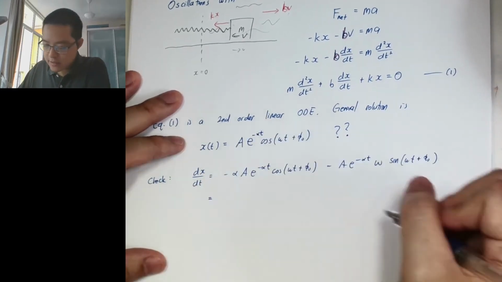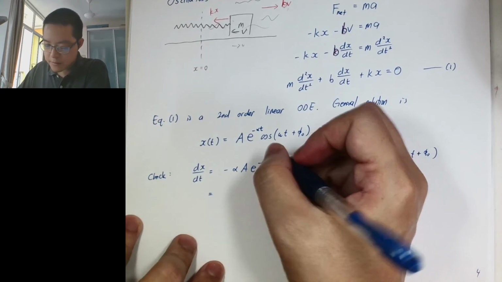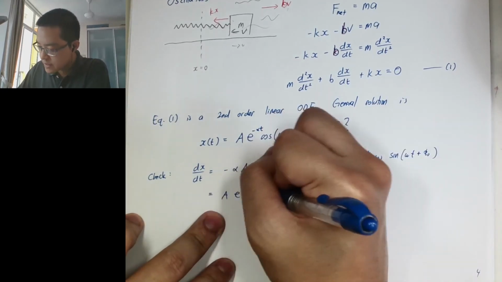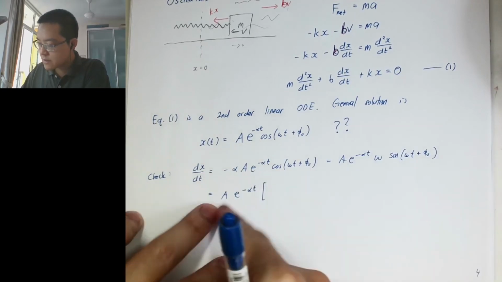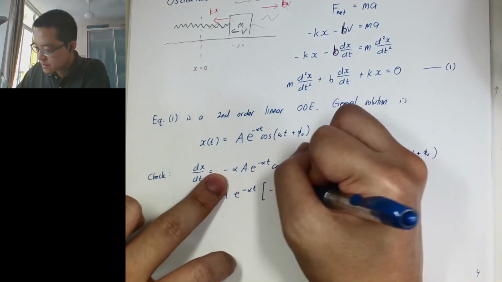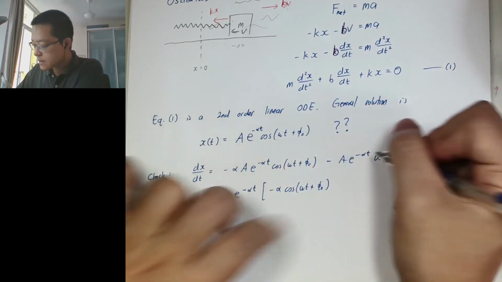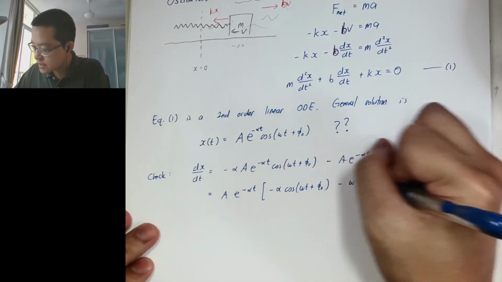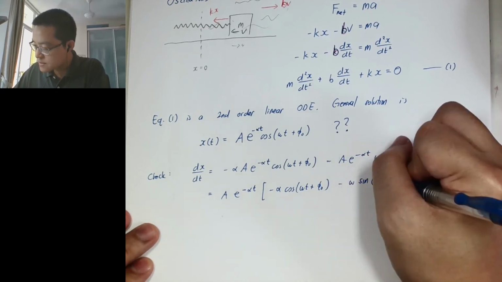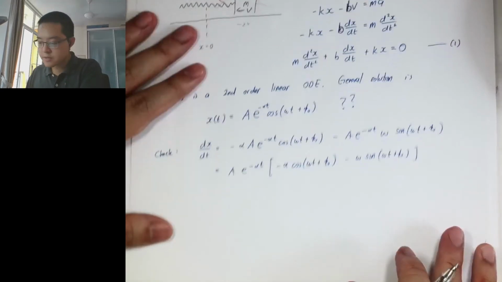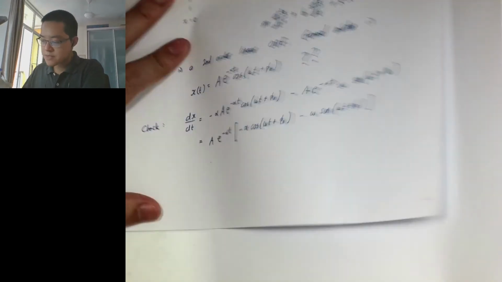I can simplify this a little bit. I am going to get A e to the negative alpha t, and then take out the bracket, inside is alpha cos of this thing, and then minus omega sine of this thing. Okay, so this is the first derivative.